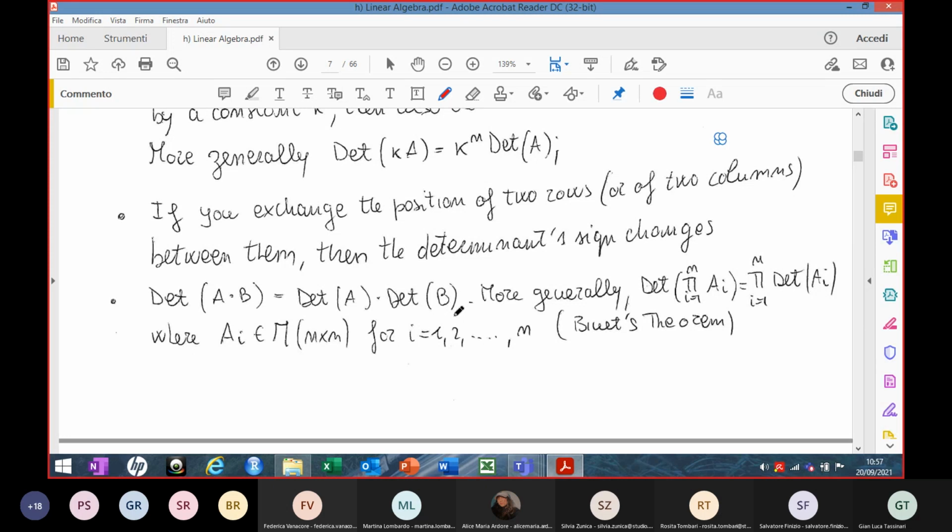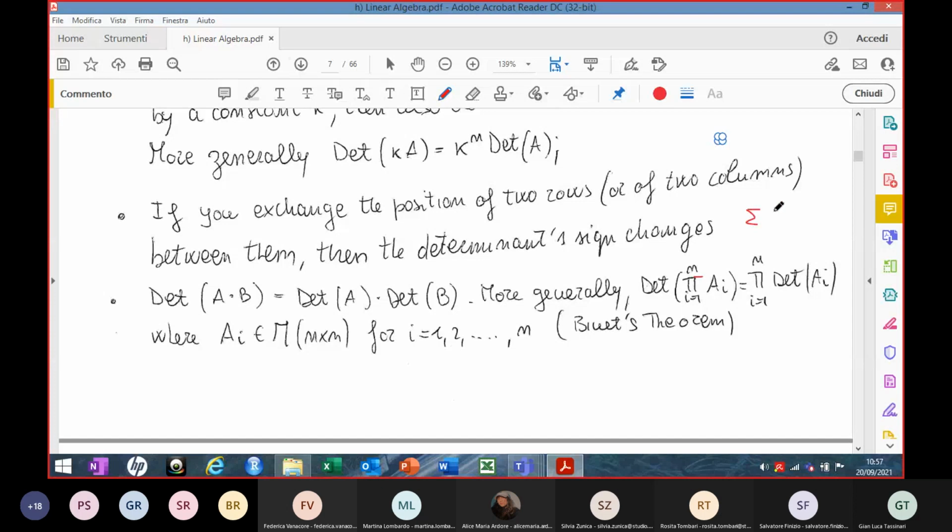Suppose that A_i is a matrix of order n, and suppose you have n matrices of order n. I think it's the first time you see this symbol with me. This is a capital pi, as there exists the sign of the sum from i equal to 1 to n, which is a capital sigma.